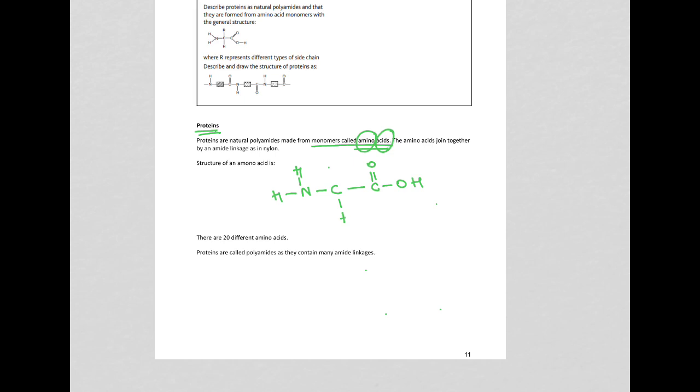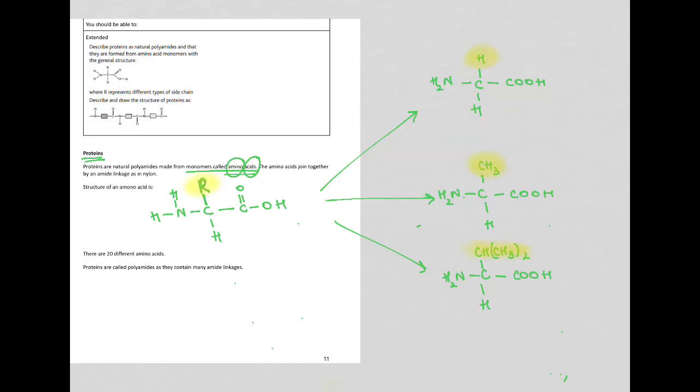And here you have H, and because carbon needs to form 4 bonds, you have another group here, R. R can be different groups of atoms. So this R here could be different types of substituents, but the COOH and the NH2 and the H will stay there.